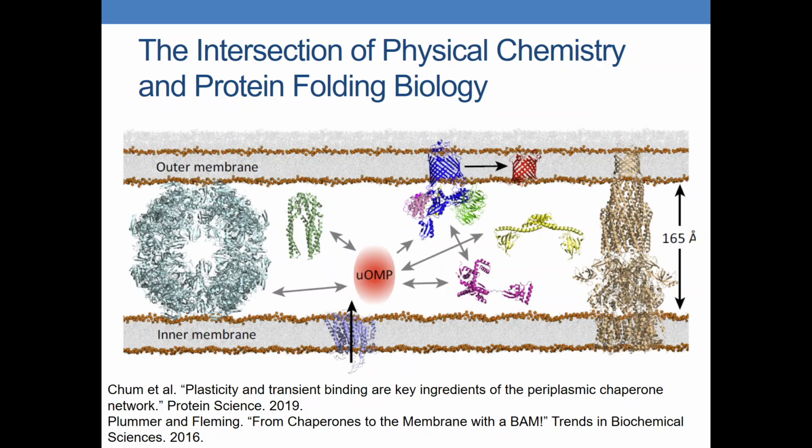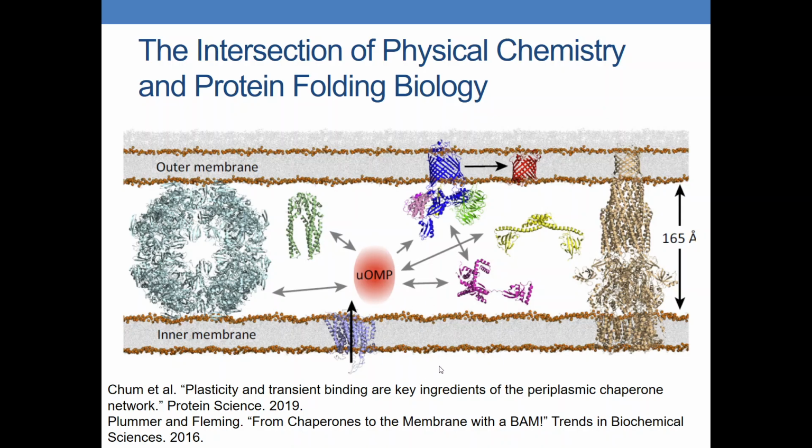What they have done is basically looked at the periplasmic space of bacteria. Here we have multiple individually characterized proteins that are known chaperones or proteases for that matter. Just to give you a sense of what you're looking at here, imagine you have an unfolded outer membrane protein.